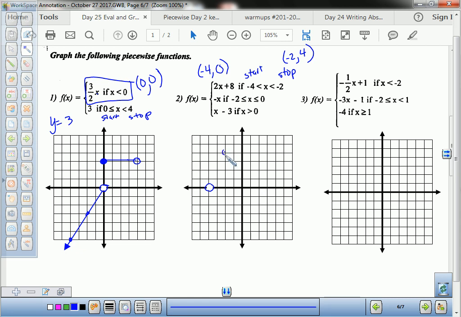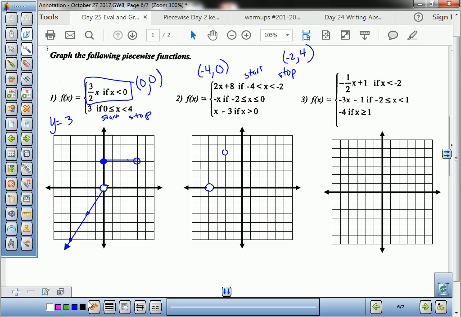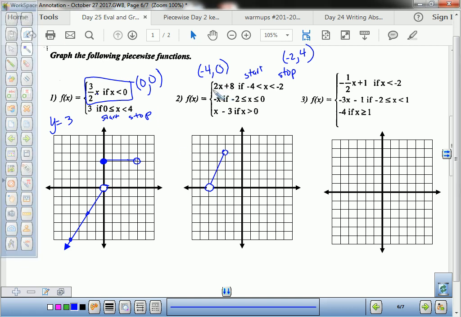That stop is also going to be an open circle because it is less than and not less than or equal to. Now we have our 2 points and we connect the dots because this one's linear. If we look at it, this has a slope of 2, up 2 over 1, check, we did it.